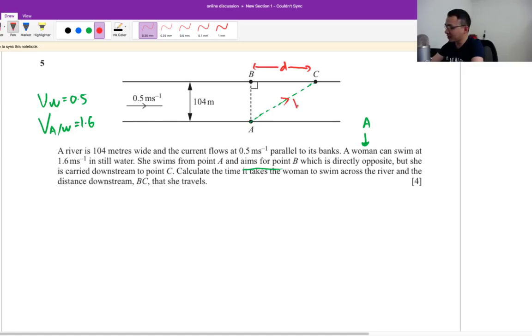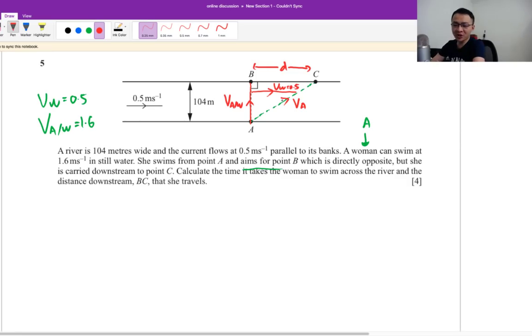This one will be the velocity of the woman aiming, so I would say this is the velocity of the woman relative to the water, because this is how the woman should steer in order to reach B here. And definitely we have the water here, which is 0.5. So you have a velocity of water which is 0.5.